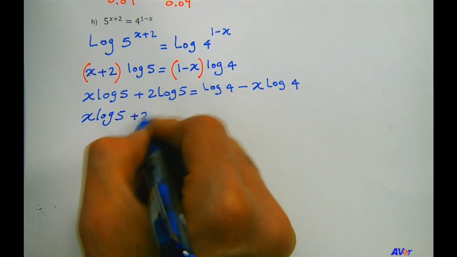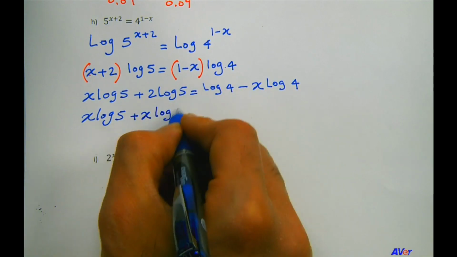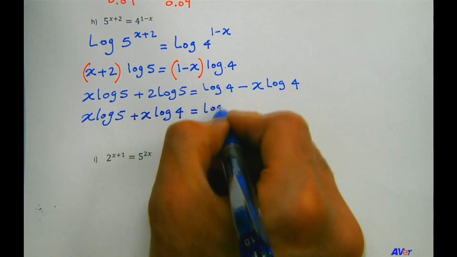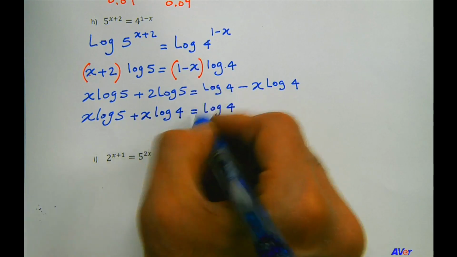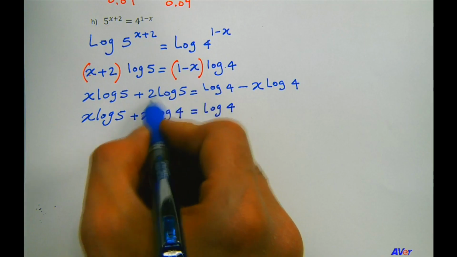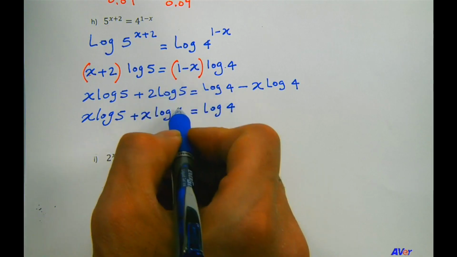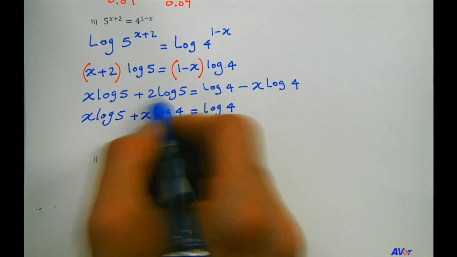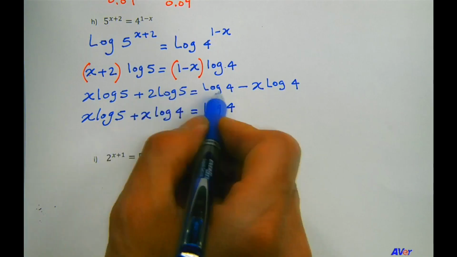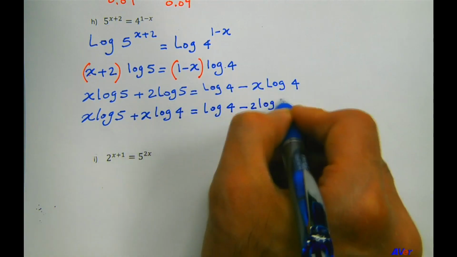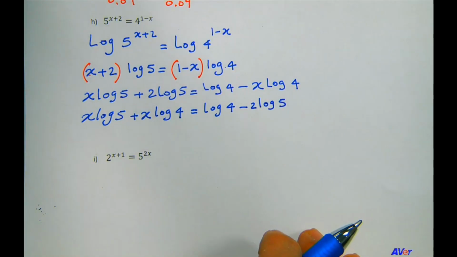So plus x log of 4 equals, the log of 4 is already on that side. I'm not going to bother it, but I am going to send this term to the other side, because it's a constant with no x in it. So it was positive on the left. When I move it across the equality symbol, it becomes minus 2 log of 5. Makes sense so far? I hope so.